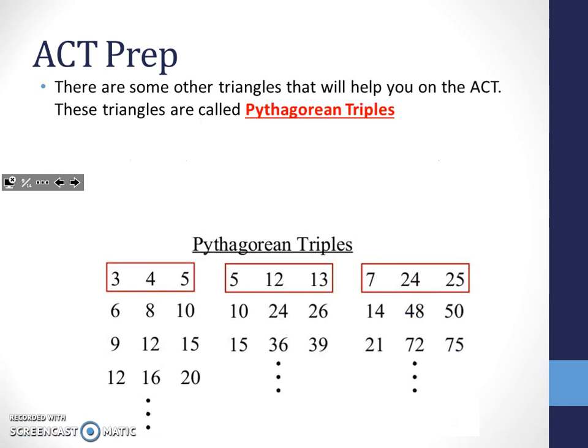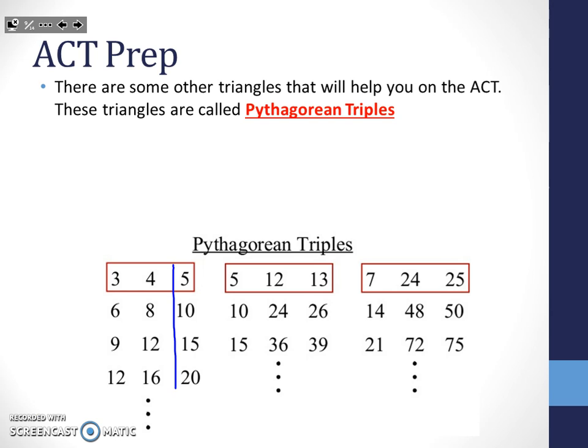All right, other ones that help you be quicker on the ACT are Pythagorean triples. You've got your 3, 4, 5 triangle and your 5, 12, 13 triangle. Those are the two most common that will show up. 10, 8, 6, however, is also very common. When I'm looking at these Pythagorean triples, I know these are right triangles. I don't know the angle measures with these, but I know they are right triangles.